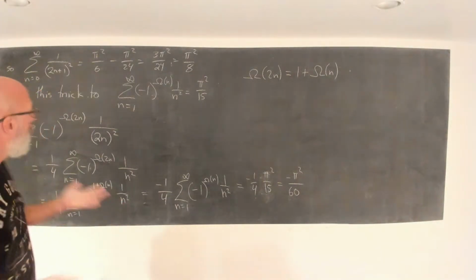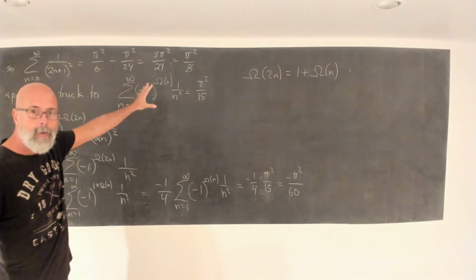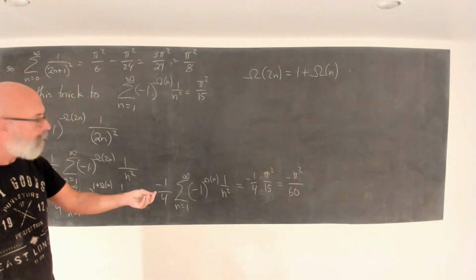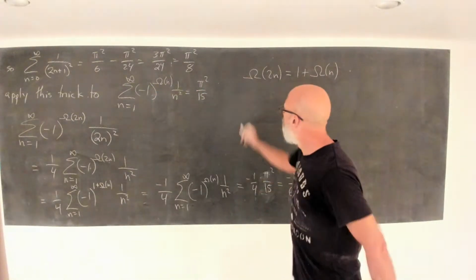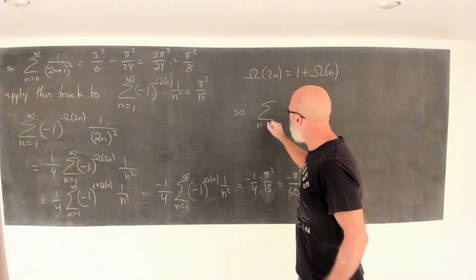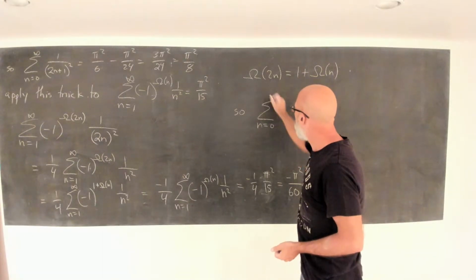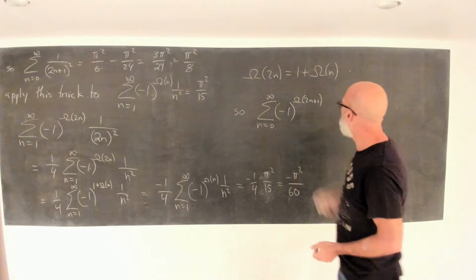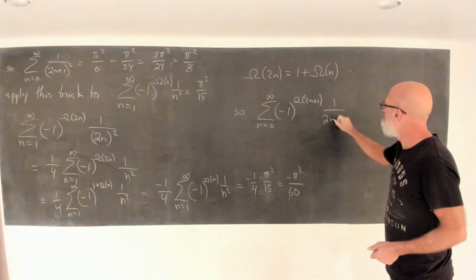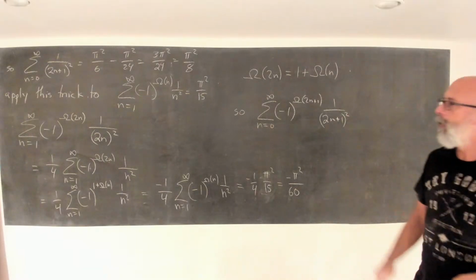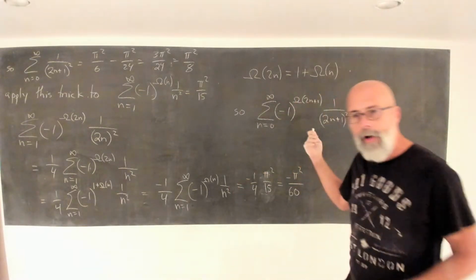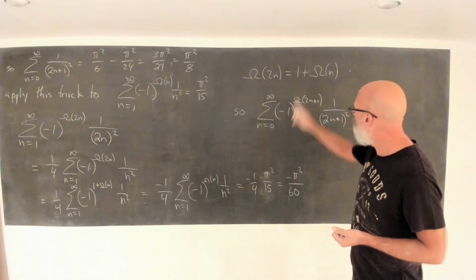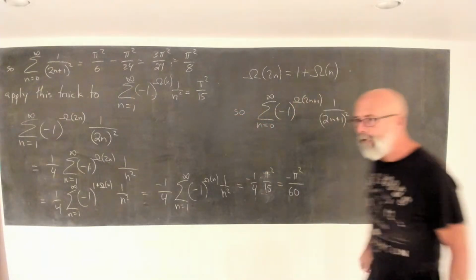But of course, the whole sum is the sum over the evens plus the sum over the odds. And so the sum over the odds, in the same way as before, is the difference between the two, right? The evens plus the odds gives you everything.